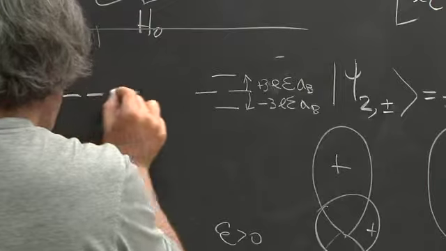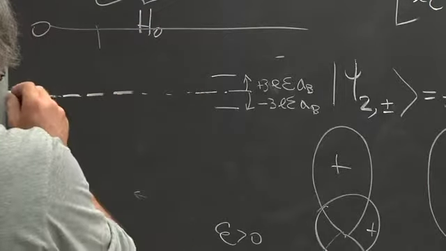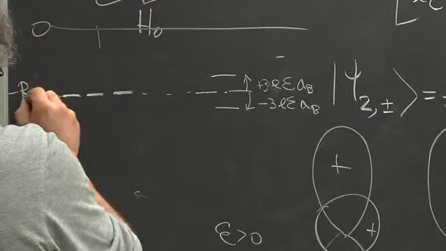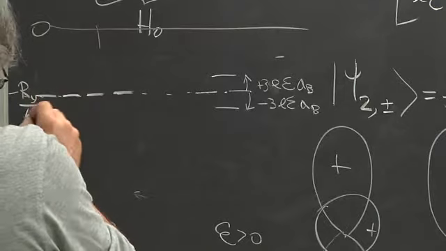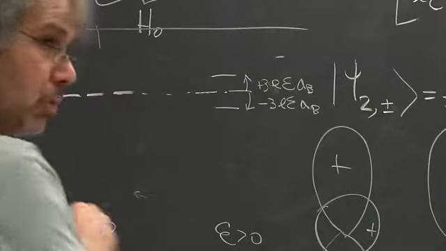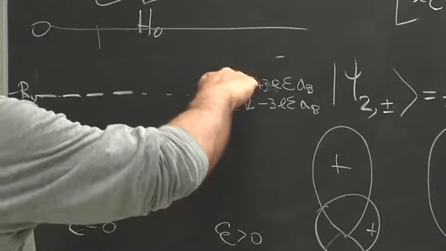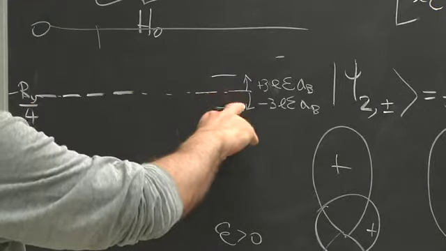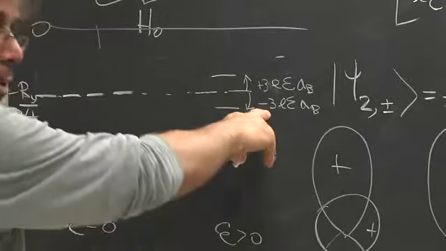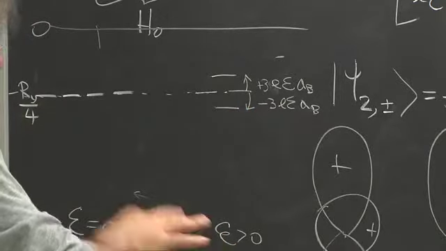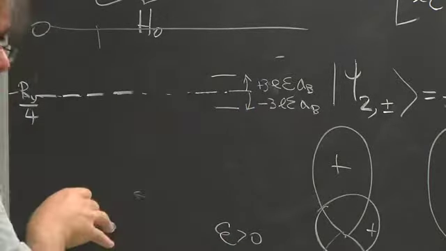Obviously, this level is still the same, so this is minus a Rydberg over 4. So if you want the energy in absolute terms, it would be minus a Rydberg plus that, and this would be minus a Rydberg over 4 minus that. Is this clear now? This is what I call splitting.